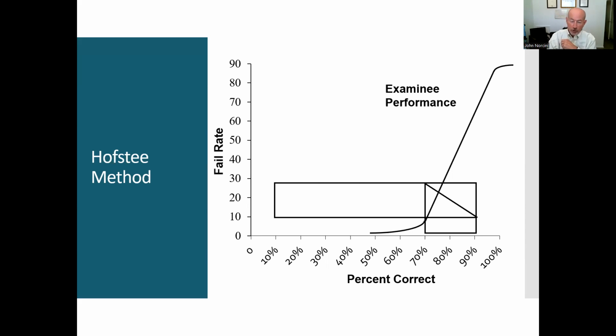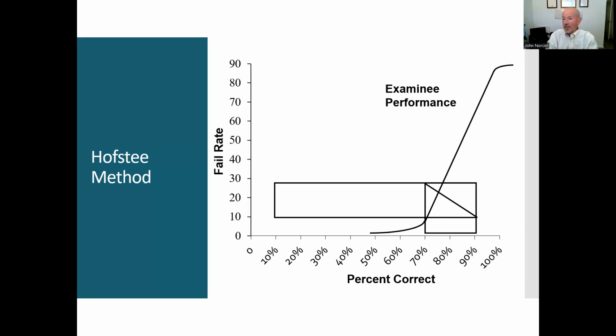And this particular group of judges said 30%. That's the highest I'm willing to accept. And so you see a line across the graph at 30%. We also asked the judges, what's the minimum acceptable fail rate? And the judges said 10%, and so there's a line at 10%.